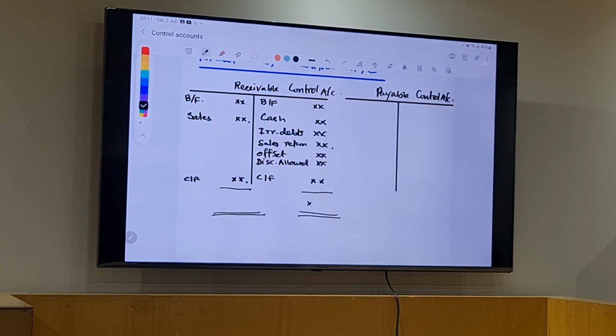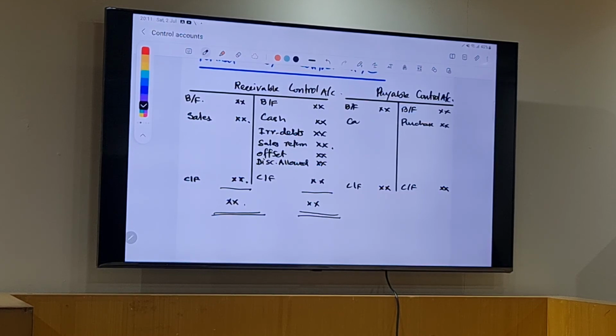So this will be like this. What is this? This is the receivable control account. Same like we have the payable control account. We have opening balance, credit balance, opening balance, debit balance, closing balance, credit balance, closing balance, debit balance. And then we have credit purchases.